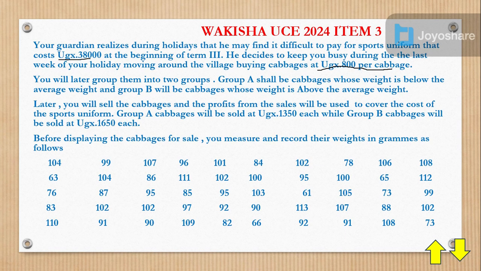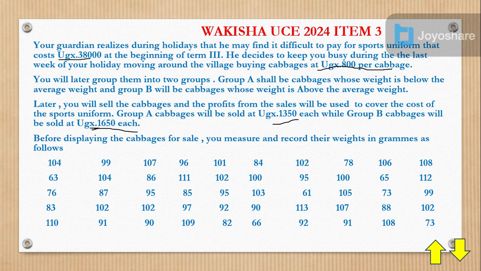Later you will sell the cabbages, and profits from the sales will be used to cover the cost of the sports uniform. Group A cabbages will be sold at Uganda shillings 1,350 each, while group B will be sold at Uganda shillings 16,050.